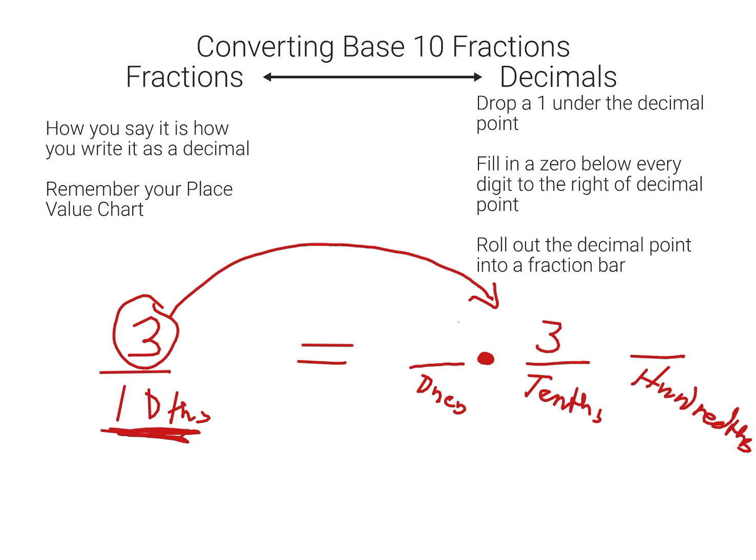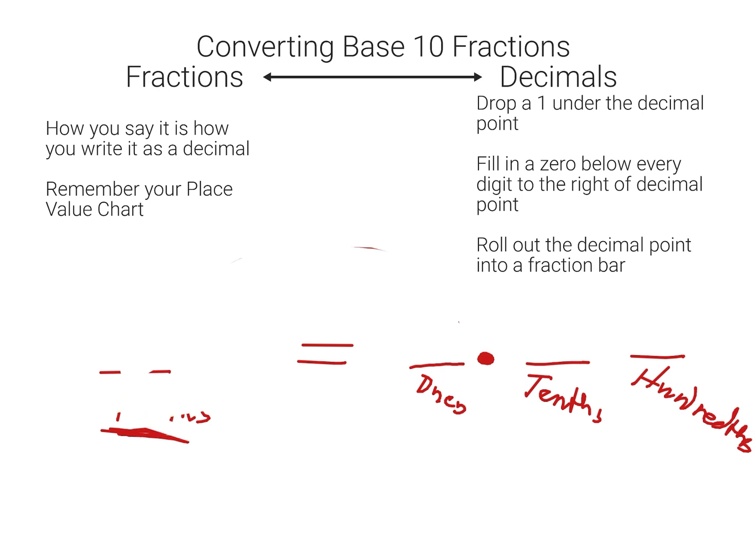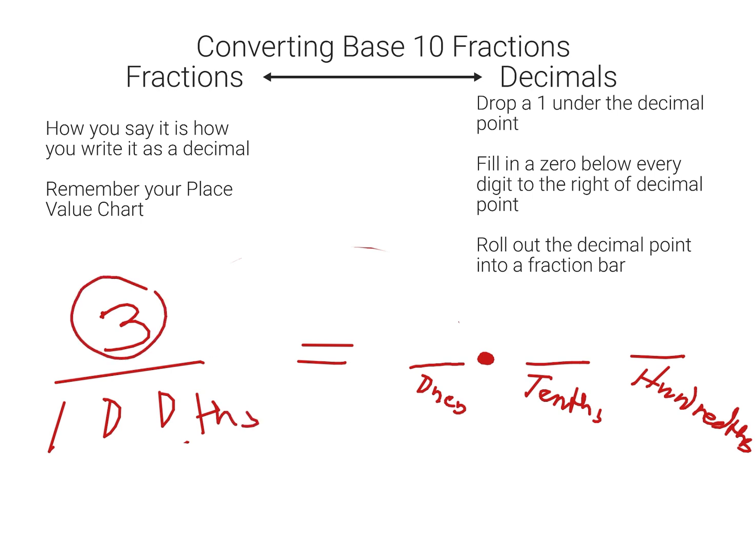I'll do one more example. I'm going to erase this. And this time I want to do 3/100. Now, hundredths is the place value, and the digit 3 will be placed in the hundredths spot.